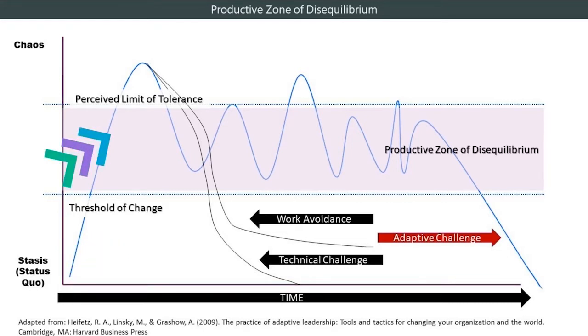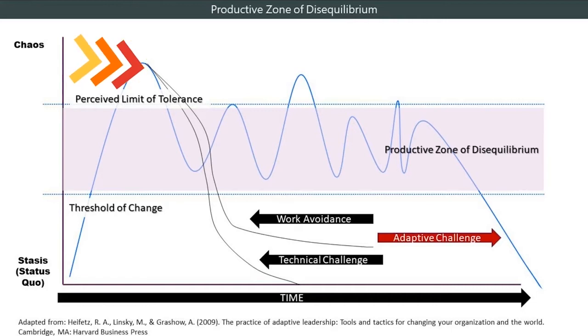The second zone in the middle is the change zone, or we'll call it the productive zone of disequilibrium. That's when change starts happening, but that's also when we're no longer comfortable. And at the top, we see the third zone at the very top, which we'll call the chaos zone. Eventually, people will start experiencing some chaos and some stress, and maybe too much stress, and feel like they're over their perceived limit of tolerance and into the chaos zone.